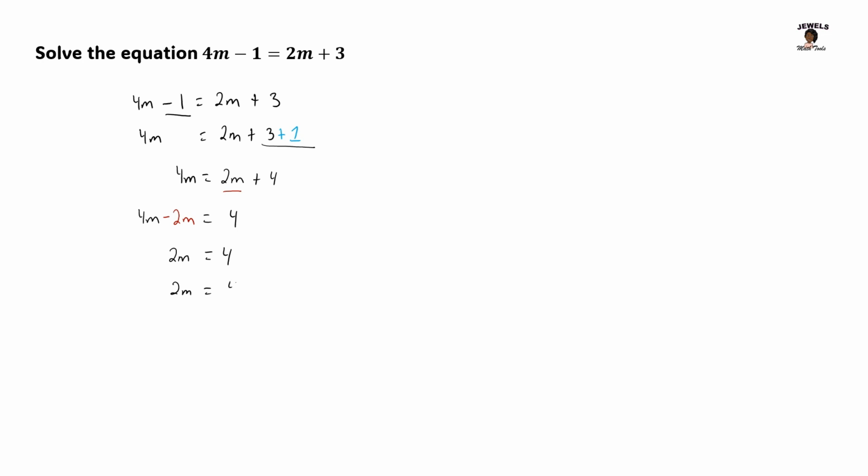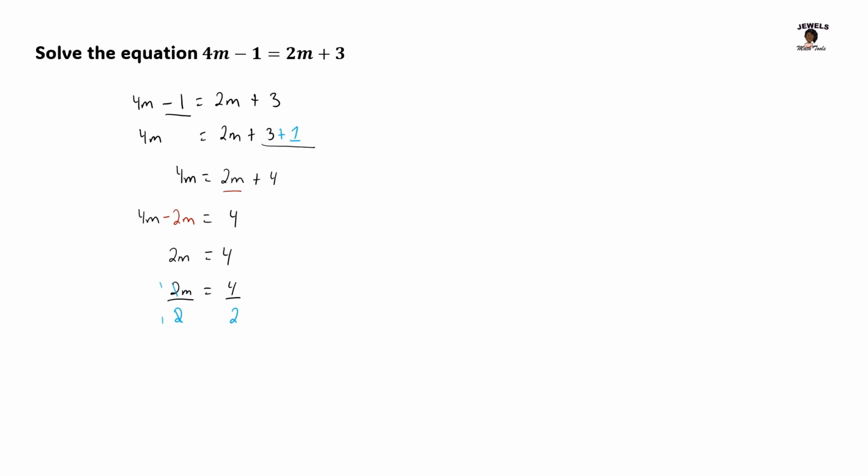And remember that when we're solving and multiplication is our operation, that means that both sides of the equation will now be divided by our term with our variable, which in this case is 2. So both sides of our equation will be divided by our coefficient 2. And 2, when divided into 2, will equal 1.